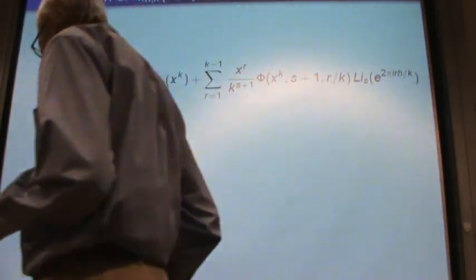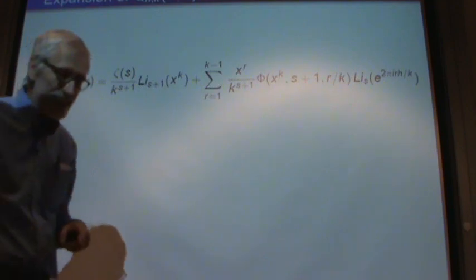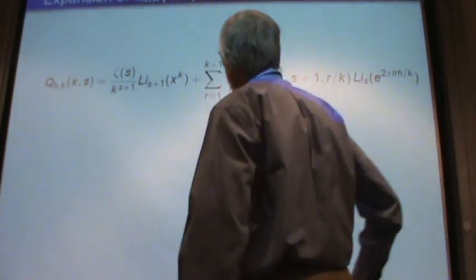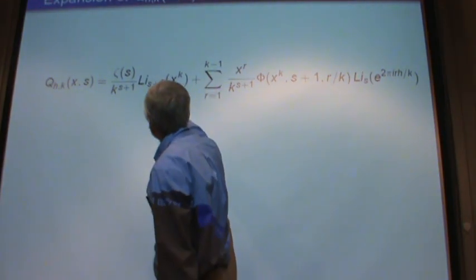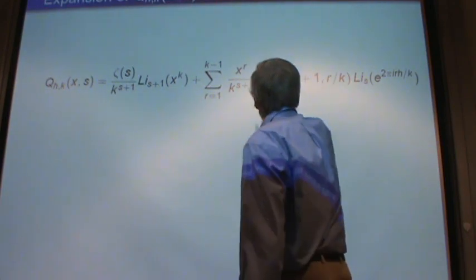So using the Lerch phi, you can get a closed form expression for this Q_{h,k} as this finite sum. So we have a term here that involves a zeta function and polylog and these additional terms.